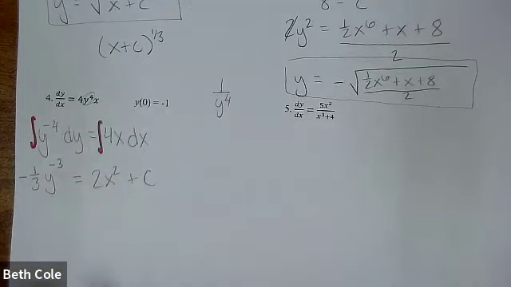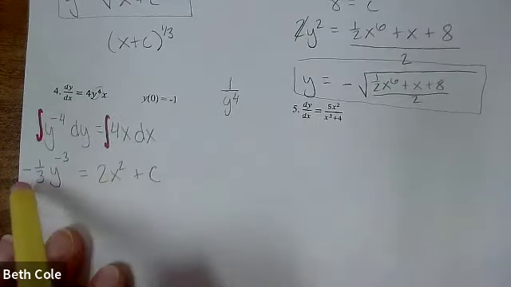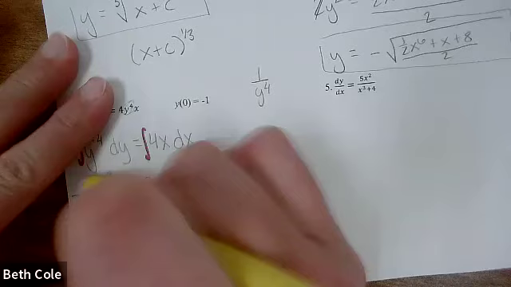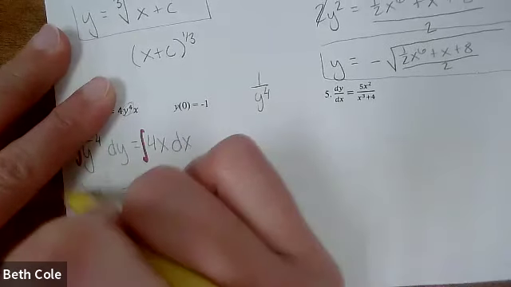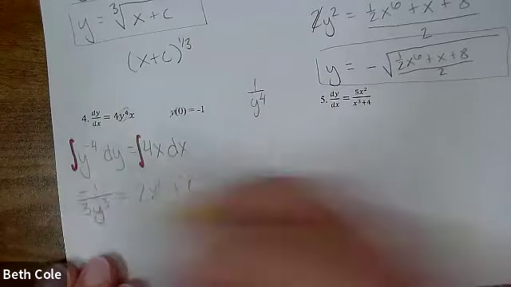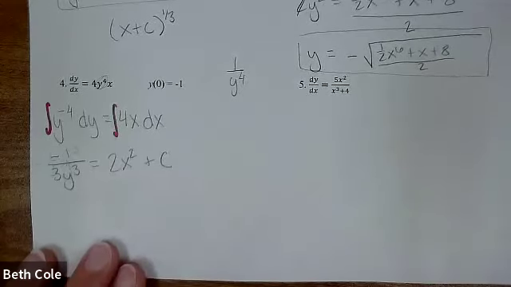In fact, if you want to erase this one, you can, because we're not actually doing a step. We're just going to rewrite this as negative 1 over 3y cubed, so that when I go and plug in, I don't have a negative exponent. But I didn't erase a step of my work. I just got rid of the negative exponent.